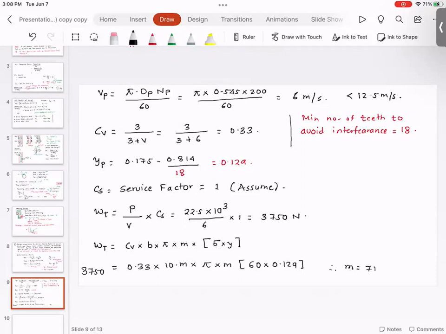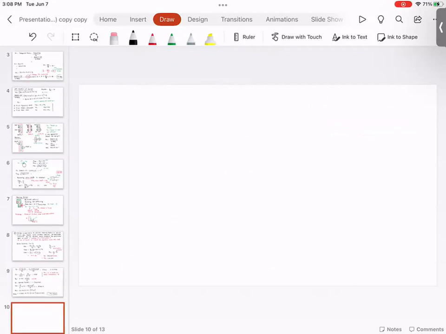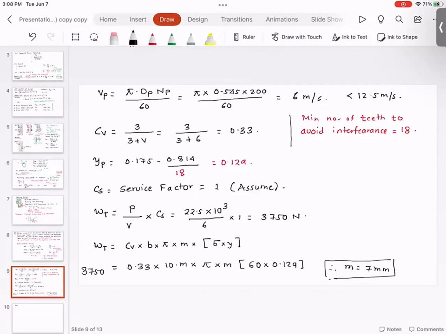So we will say 7 millimeters. Now face width, or we can make it 8 millimeters, just 7 millimeters is fine.